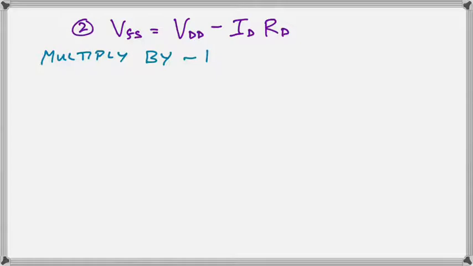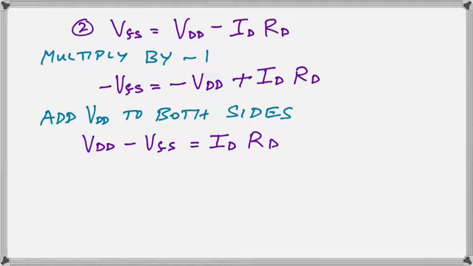So we start by multiplying by -1. We can multiply throughout any equation by -1 to change the signs, and this will make it easier to see. So we just change the signs on all the terms, and then we add the VDD to both sides.